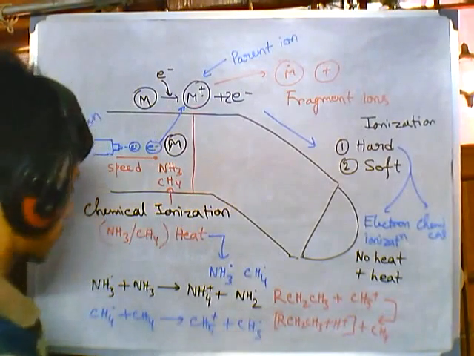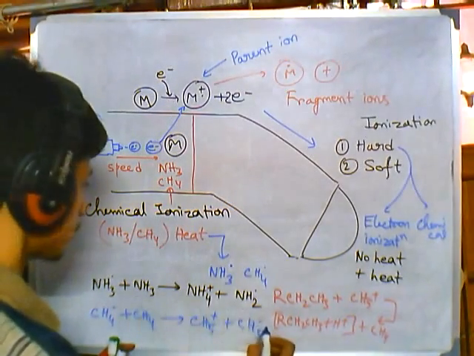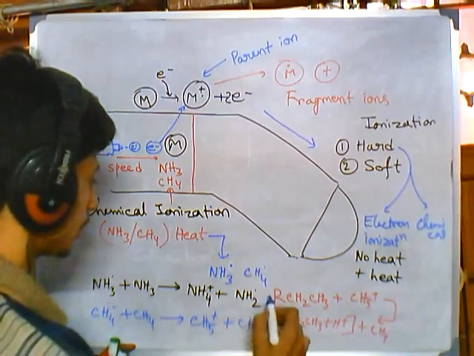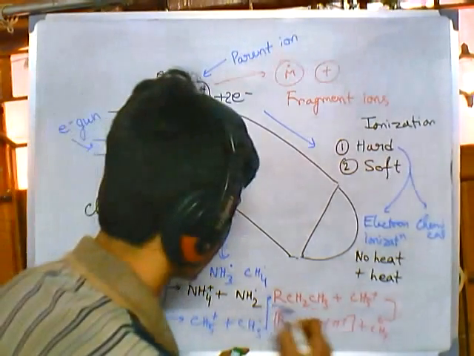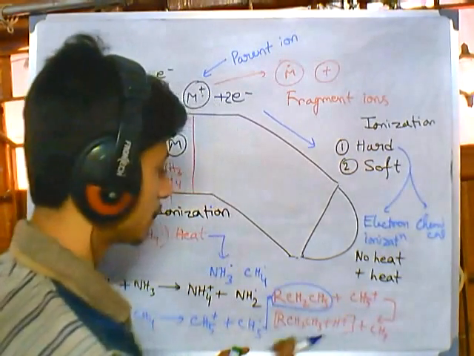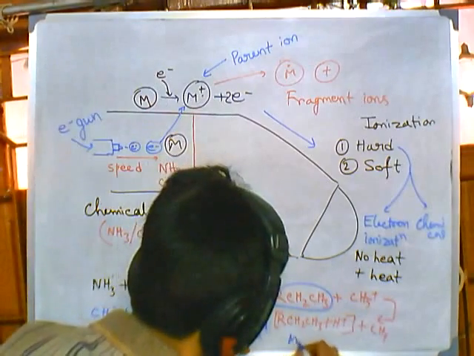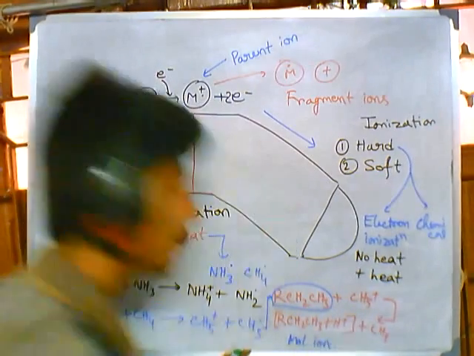So these are the steps. After this particular step, it will go, and this is our sample, for example. It will convert our sample into a molecular ion. So this is the molecular ion of our interest.